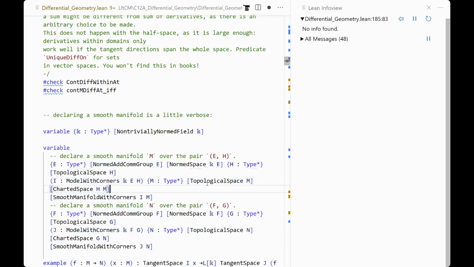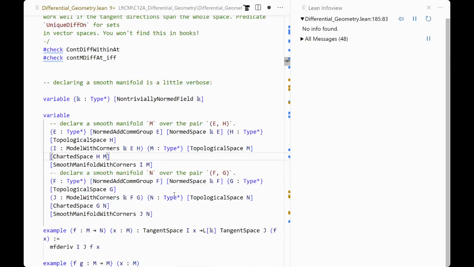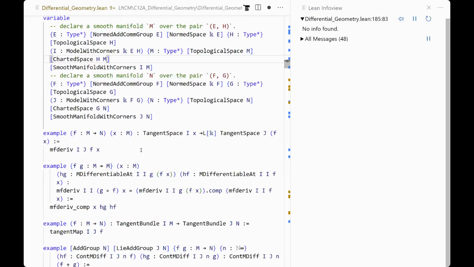And then M must be a topological space with a charted space structure that we saw, and then it is a smooth manifold with corners, which is just saying the charts are compatible, so the coordinate change between two charts is smooth. If we have two manifolds, then we can do some things. For example, we can write down the derivative of a map.